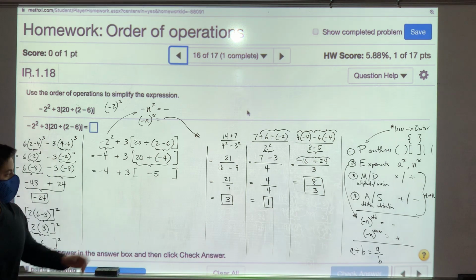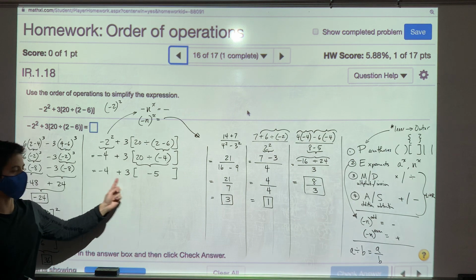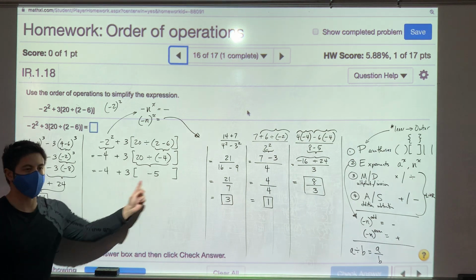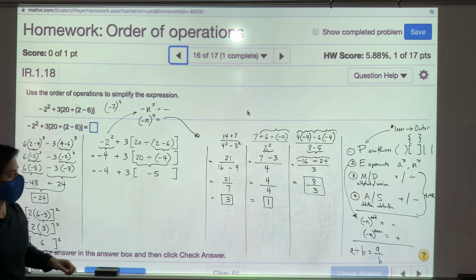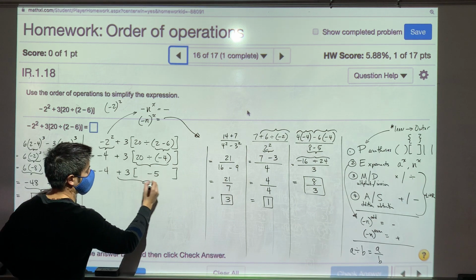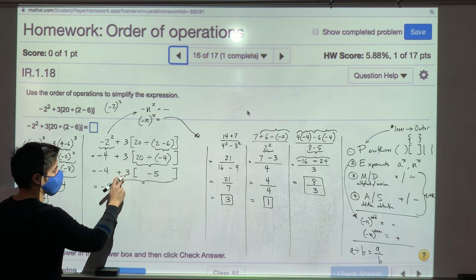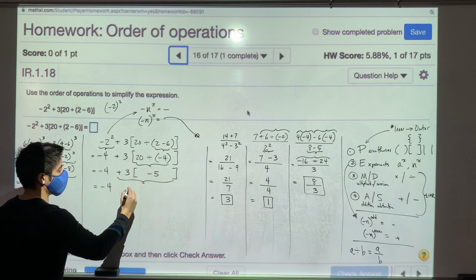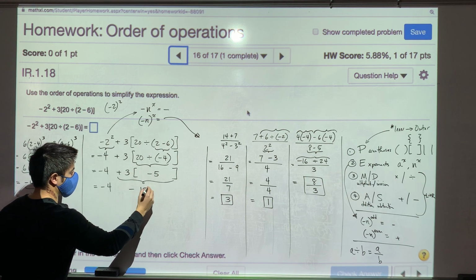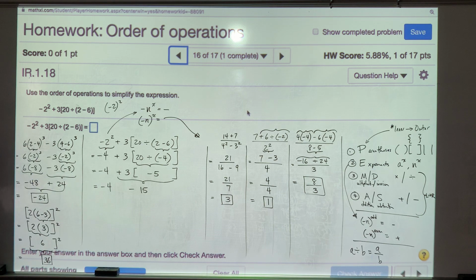Now what comes next? Adding, subtracting, or multiplying? Multiplying. So I need to take care of this next. So I've got a negative 4, positive 3 times negative 5 is a negative 15. Make sure your signs get laid down properly.